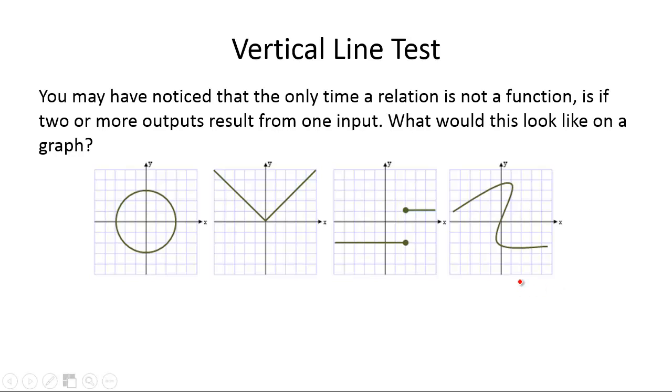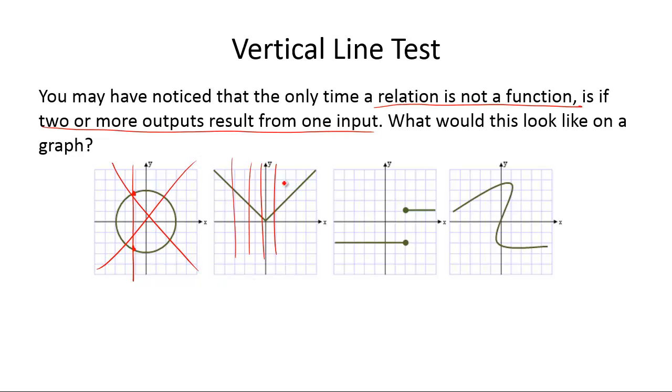So you may have noticed that the vertical line test that I was using is very useful. Relations are not functions if you have 2 or more outputs. So if you do this one here, is that a function or not? It's not, because of those 2 points.